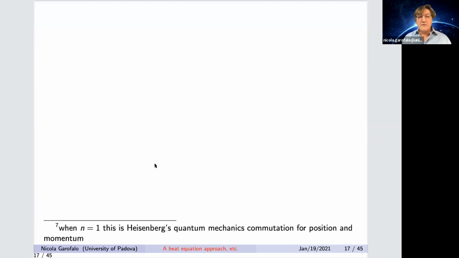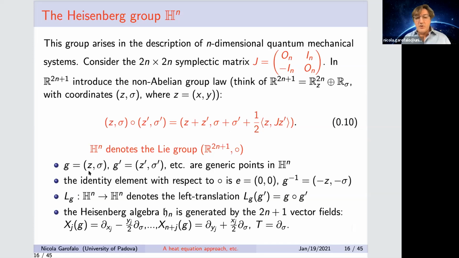I will denote from now on generic points in H^n with (z, sigma), (z', sigma'). It's easy to compute that the identity element with respect to this group law is just the origin, as in R^n. So you have to think of this as translations. From now on, I will denote by L_g the left translation by the element g.